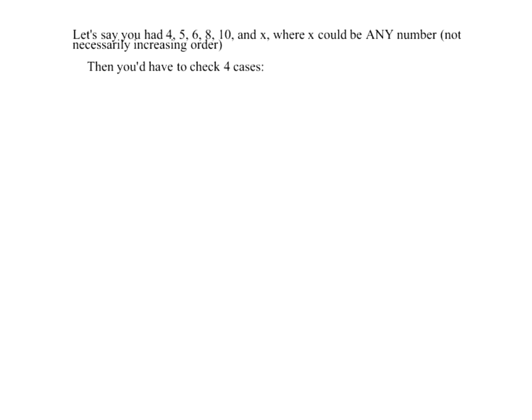Case 1 is x is anything that is 5 or less. In this case, the middle values are 5 and 6, so your median would be 5.5. Case 2, x is between 5 and 6.